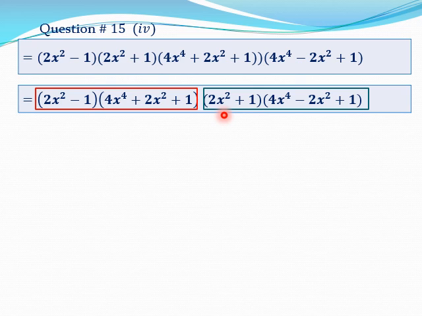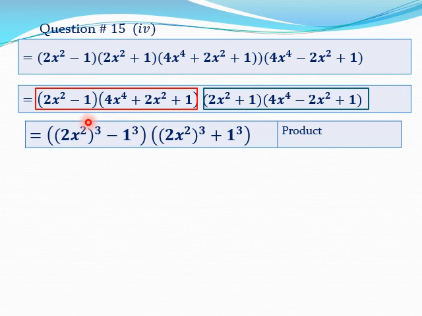And the second group: 2x square plus 1, we combine with 4x^4 minus 2x square plus 1. 2x square is the first term and its square is 4x^4. You observe this factor, its first term is the square of the first term, 2x square, then the product of the first and second terms, 2x square multiplied by 1 gives 2x square, and the square of the second term is 1. So this is the second group.